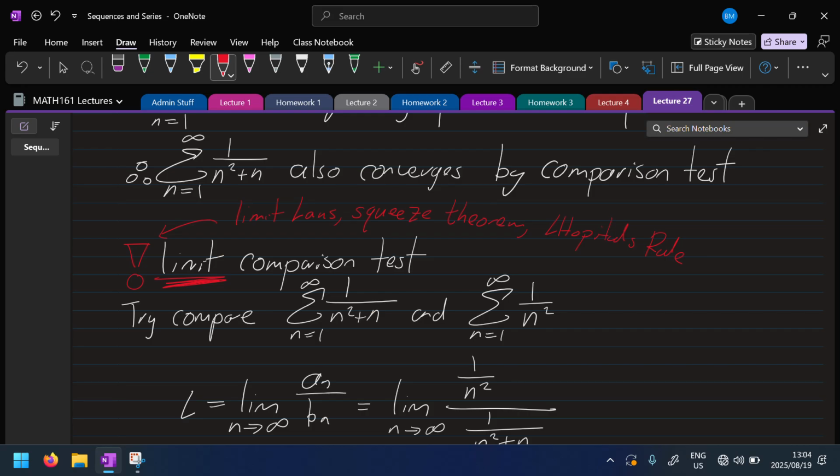Also, the other ones where we had limits, the ratio test and the root test. Those also had limits. So again, whenever you see limits, limit laws, can you see the red? Is that okay? No. Okay, let me go over in pink here. So limit laws, squeeze theorem, and L'Hopital's rule.